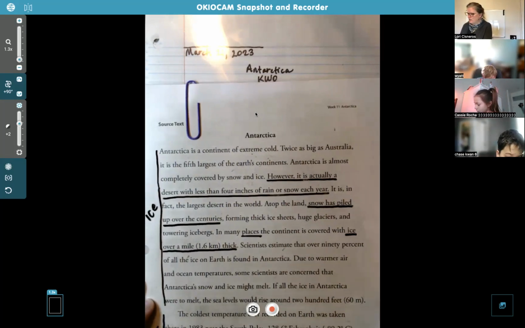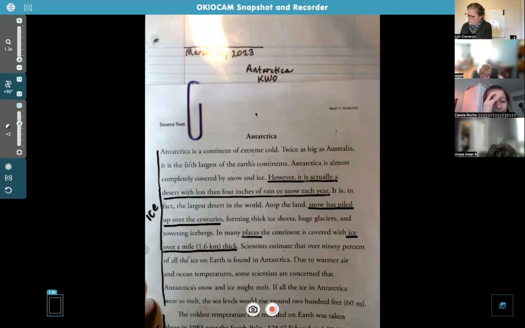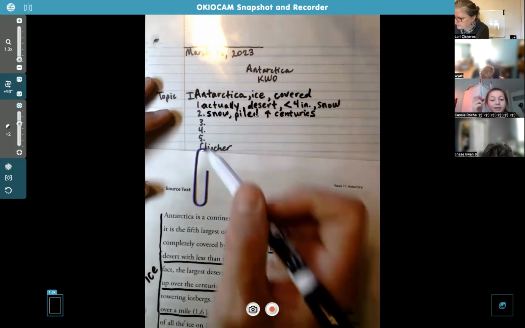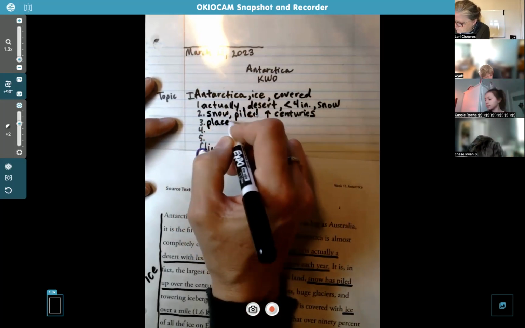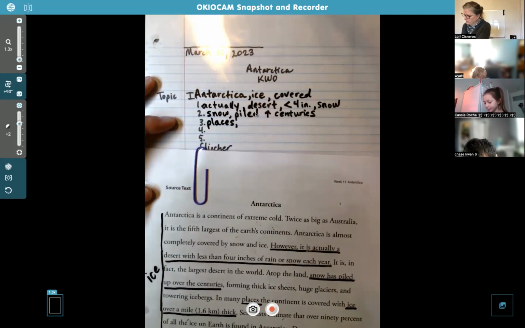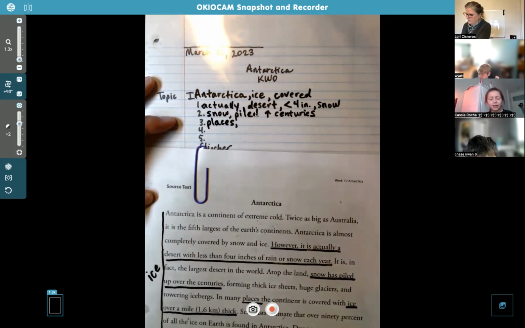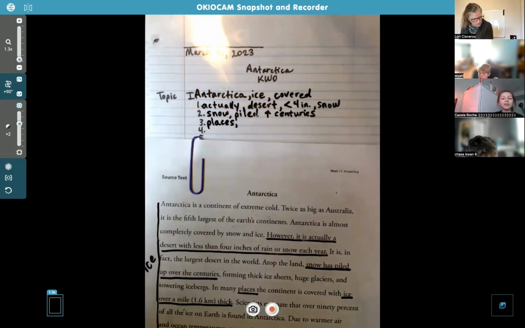So Cassie, how can we come up with 3 keywords here for that fact? We could do places, mile, like over, like a little arrow that's kind of like a little rainbow.